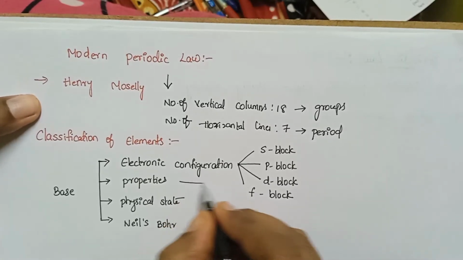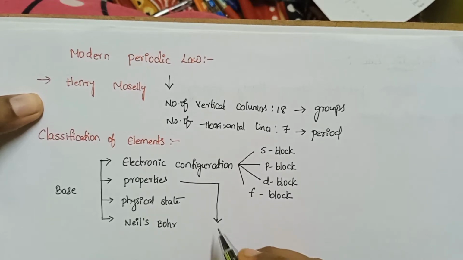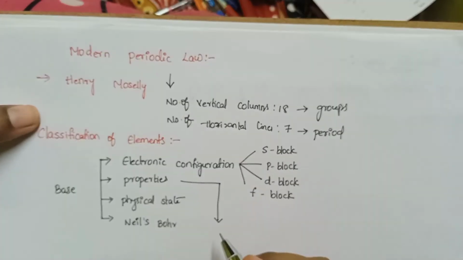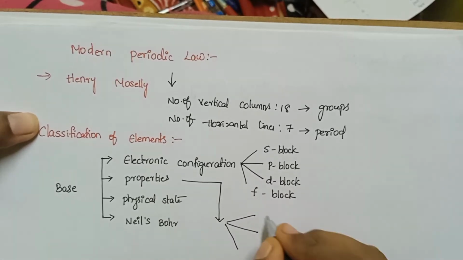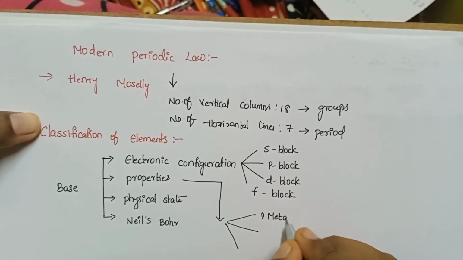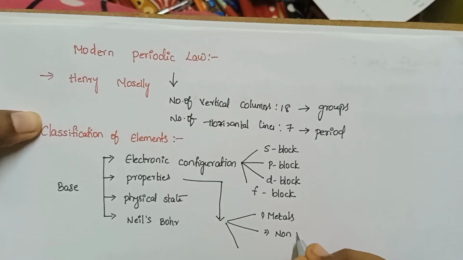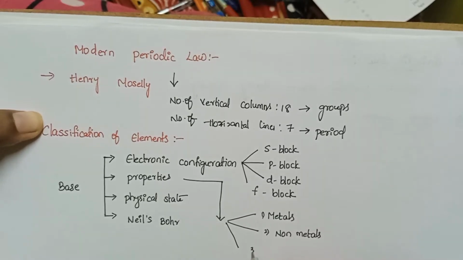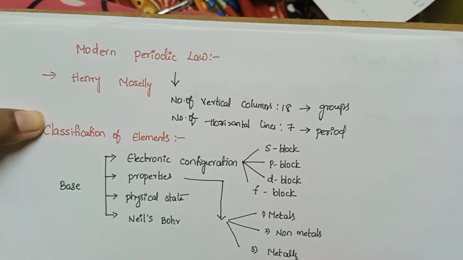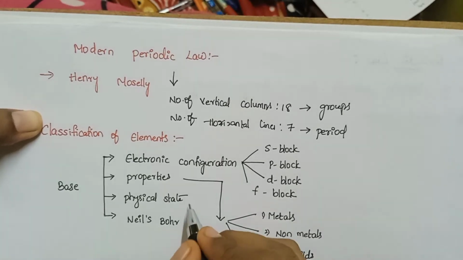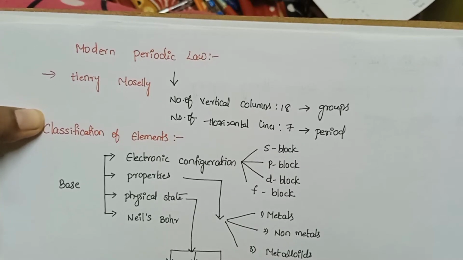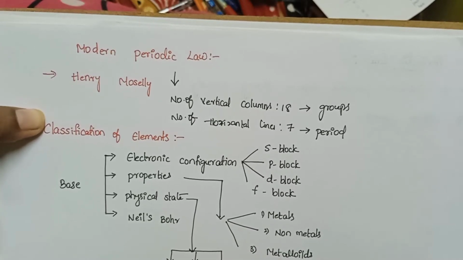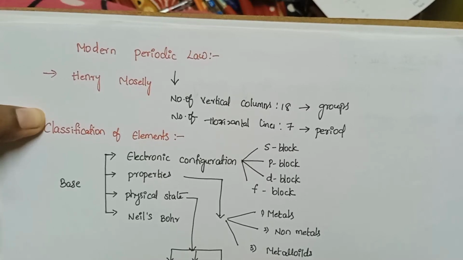The classification of elements on the basis of properties is again 3 types: metals, non-metals, metalloids. And the physical states are classified again into 3 types: gas, liquid and solid.